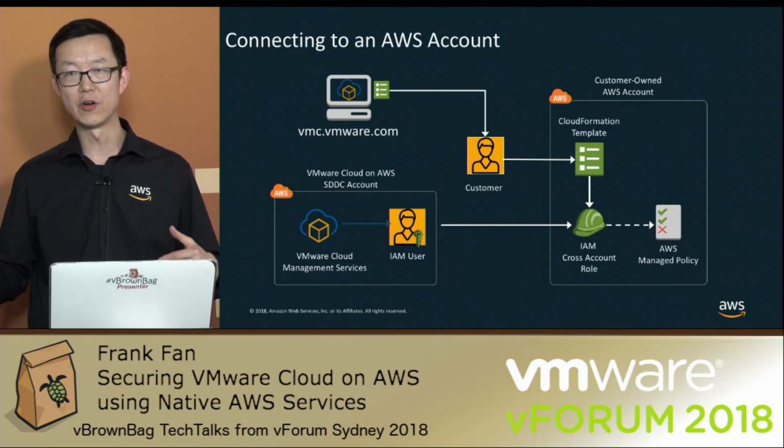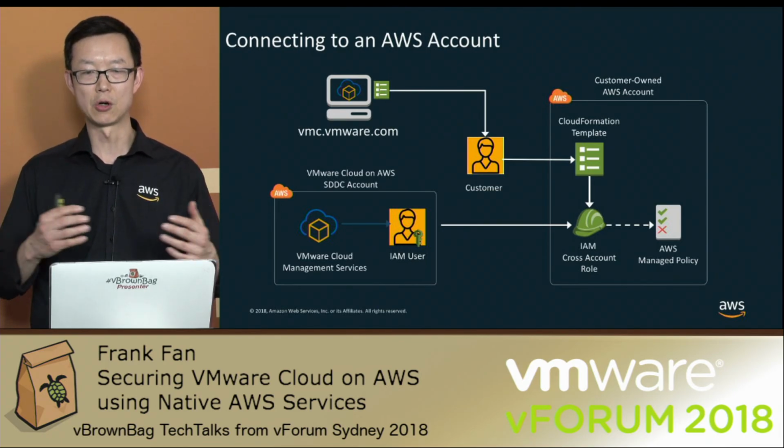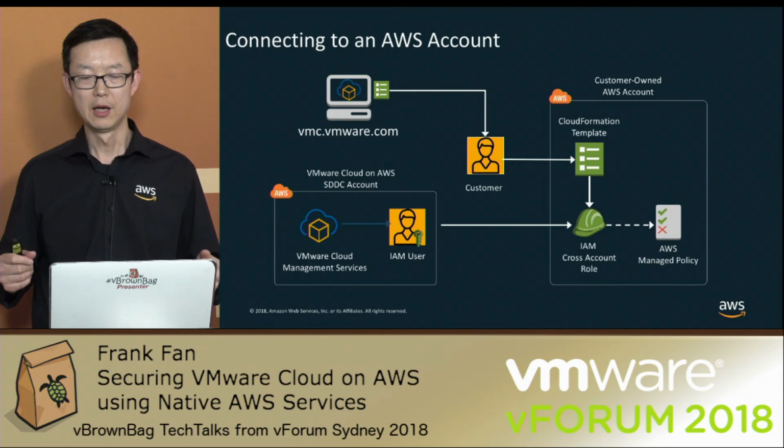For example, if you update your VMware SDDC, create a new logical network, VMware has that permission to update the routing table inside the AWS account. So these two environments can talk to each other. Here, you have these two environments connected.